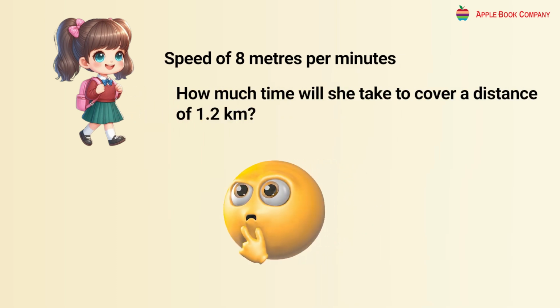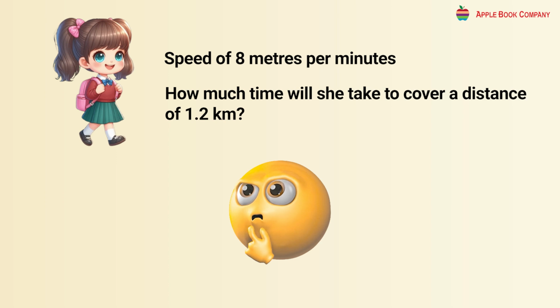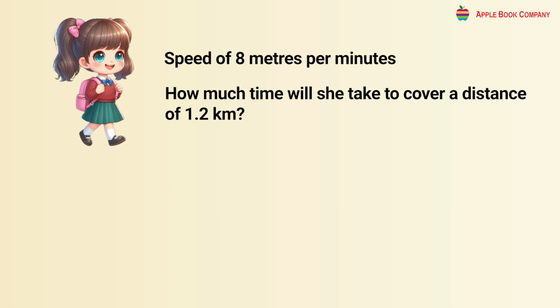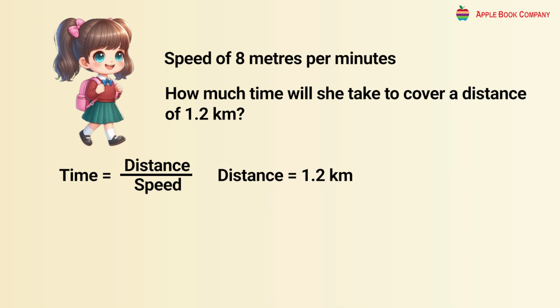A little girl walks at a speed of 8 meters per minute. How much time will she take to cover a distance of 1.2 kilometers? We can use the formula time is equal to distance by speed. Given distance is equal to 1.2 kilometers, which is equal to 1200 meters.